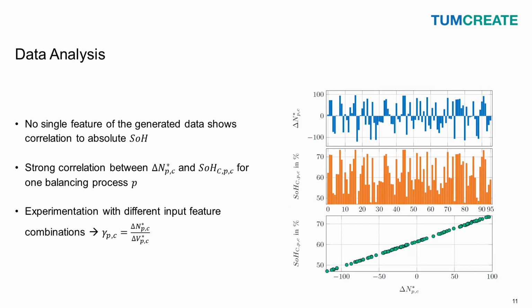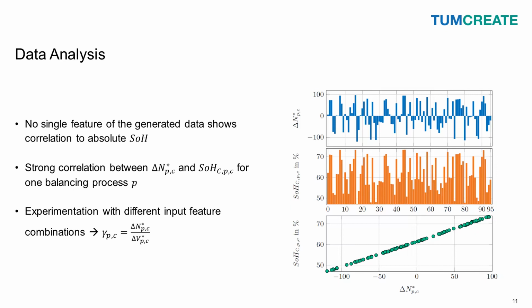To mitigate this problem, we looked at the SOC, or more specifically at the voltage, because the SOC is somewhat correlated to the voltage. We divided our delta N by the delta V, the difference in voltage from before and after the balancing process. That basically shows how much each balancing step changes the voltage of your battery cell.